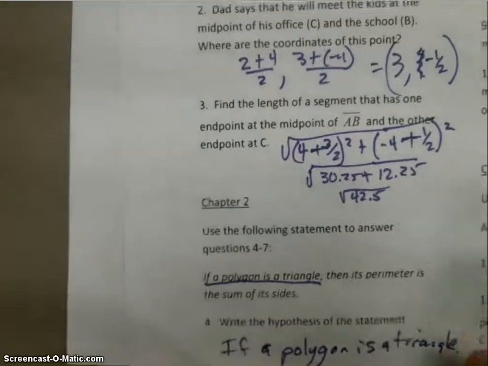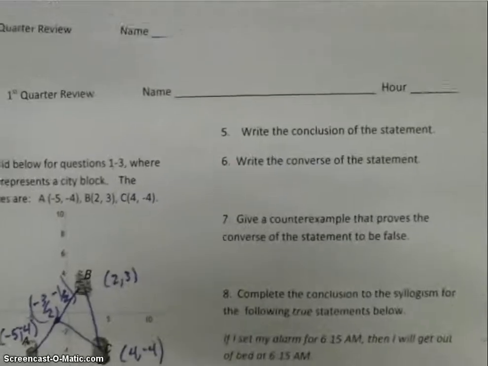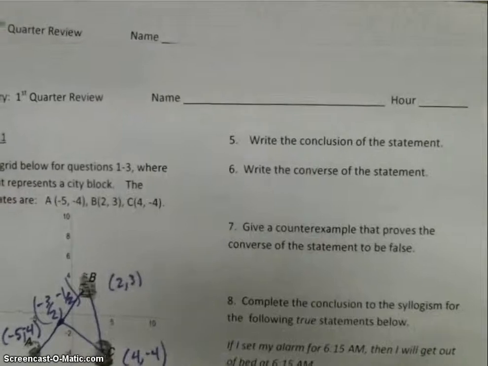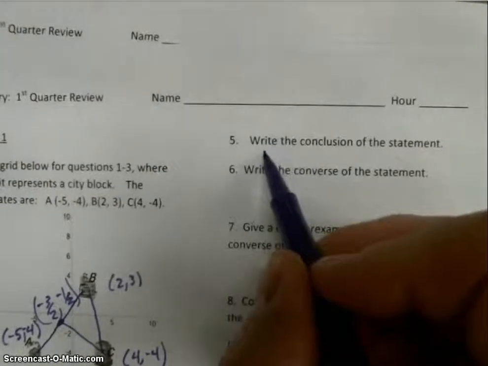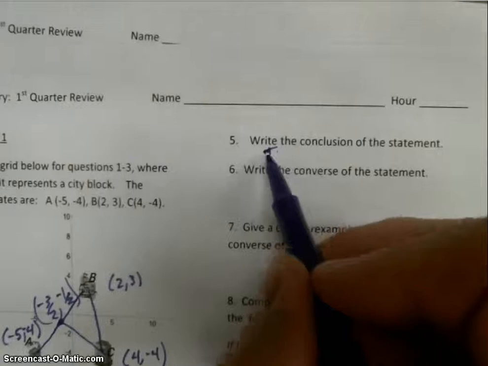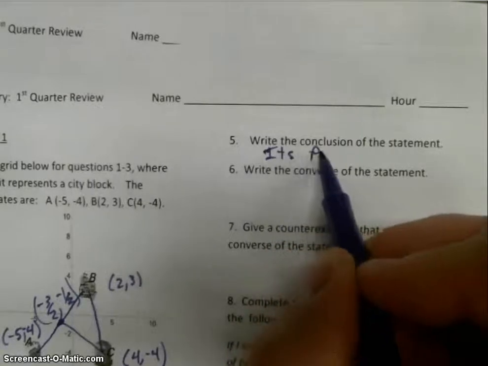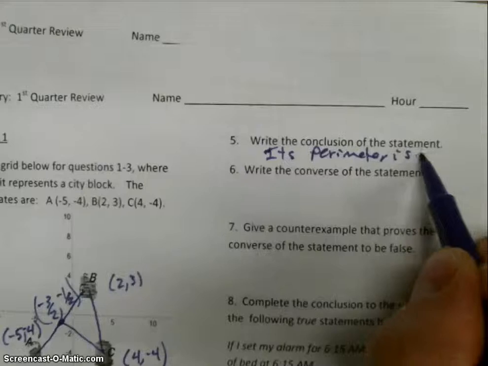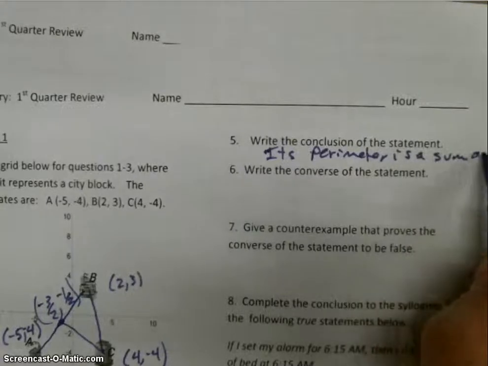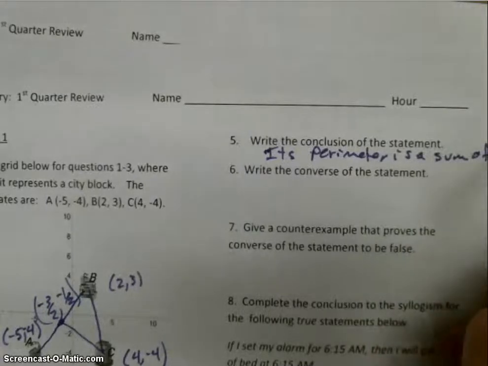There you go. Question number 5. The conclusion of that is the then portion of the statement. And we would say its perimeter is the sum of its sides.